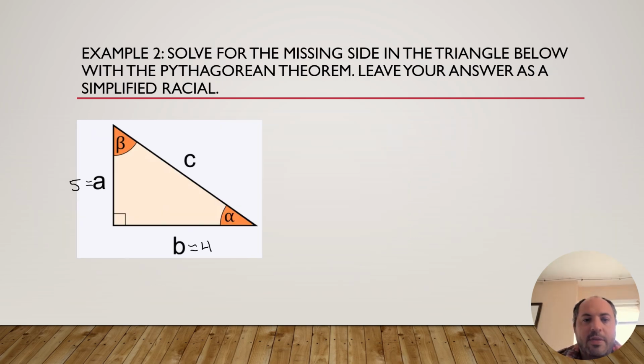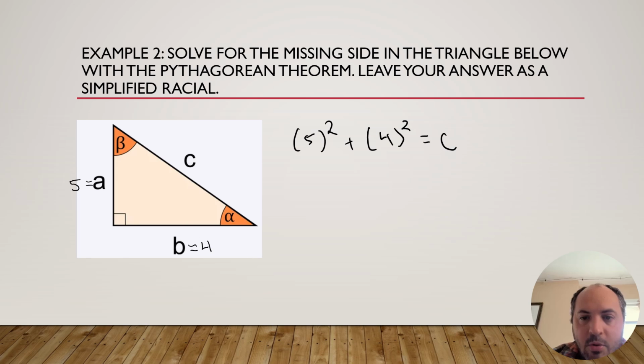So now let's look at this example where we know two side lengths of my right triangle. In this case, I know both leg lengths. They are 5 and 4. So I can start off by writing my Pythagorean theorem to say this first leg of 5 squared plus that second leg length of 4 squared should be equal to my hypotenuse squared. So this gives us 25 plus 16 is equal to c squared.